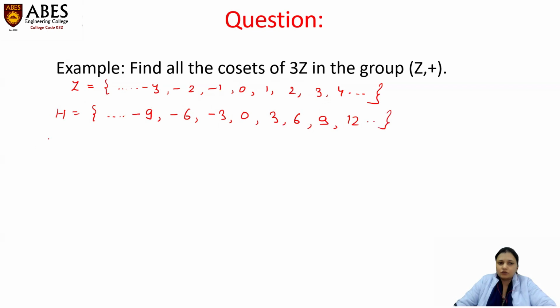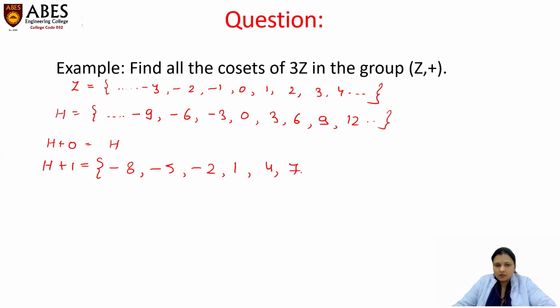Now we have to find the cosets. H plus 0 will be H only. Now I have to find another coset, H plus 1. H plus 1 will be -8, -5, -2, 1, 4, 7, 10, 13.